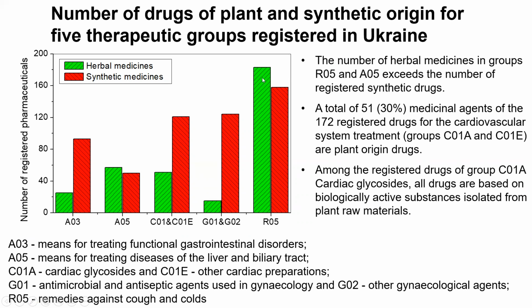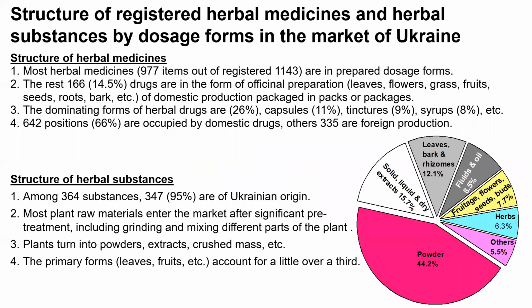For example, the number of herbal medicines in group 5, you see their description, exceeds the number of registered synthetic drugs. You see structure of registered herbal medicines and herbal substances by dosage forms in the market of Ukraine and structure of herbal substances in the diagrams.